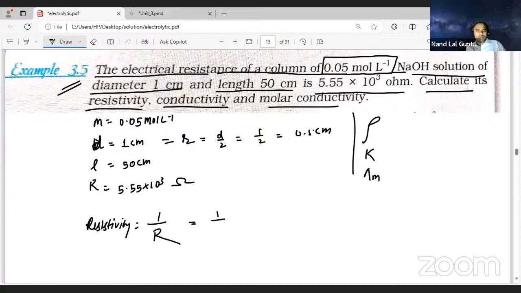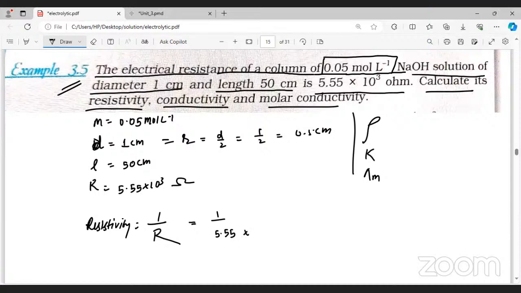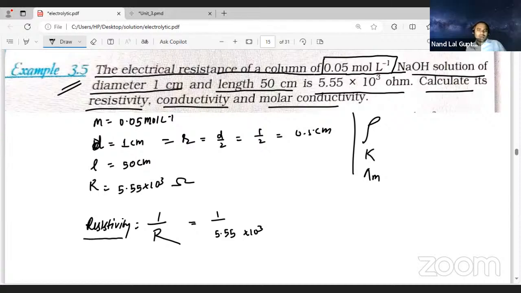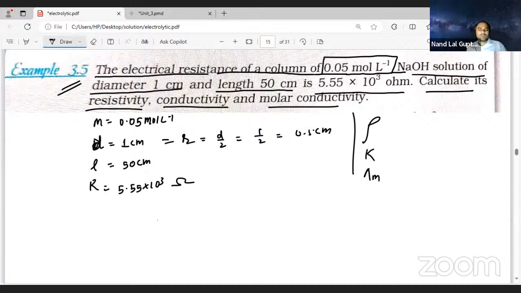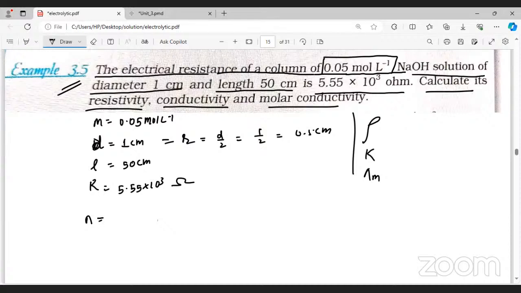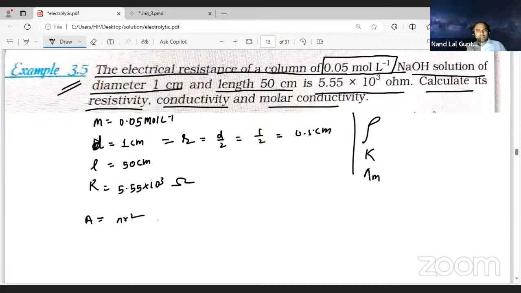What will be there? 5.55 into 10 power 3. Resistivity, no, this is not the correct one; this way we cannot do. First of all, you calculate the A. A is equal to pi r square.